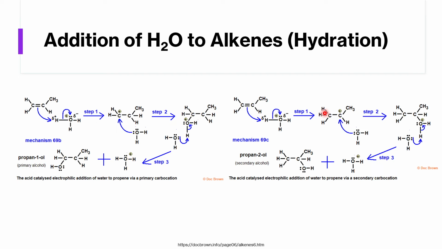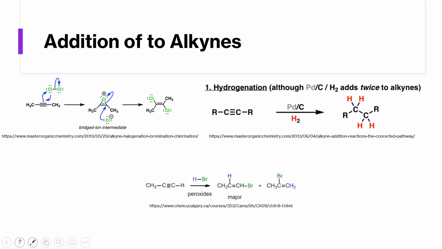What that means is that when the water is added, it can be added onto two different spots, meaning that the hydroxide can end up being in the middle or on the end, in other words, primary or secondary.